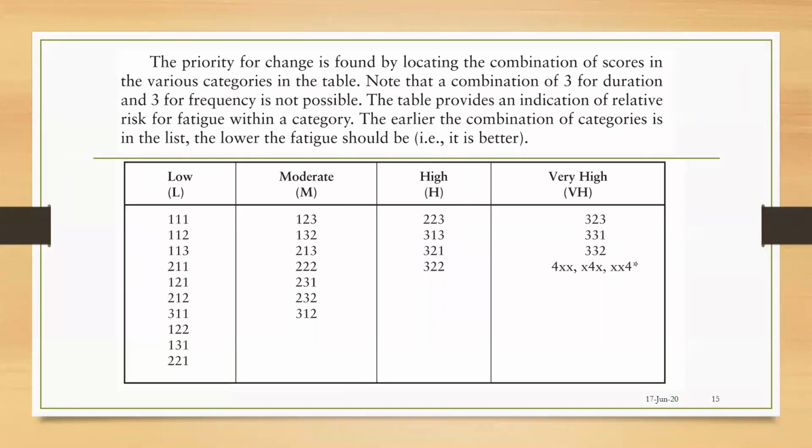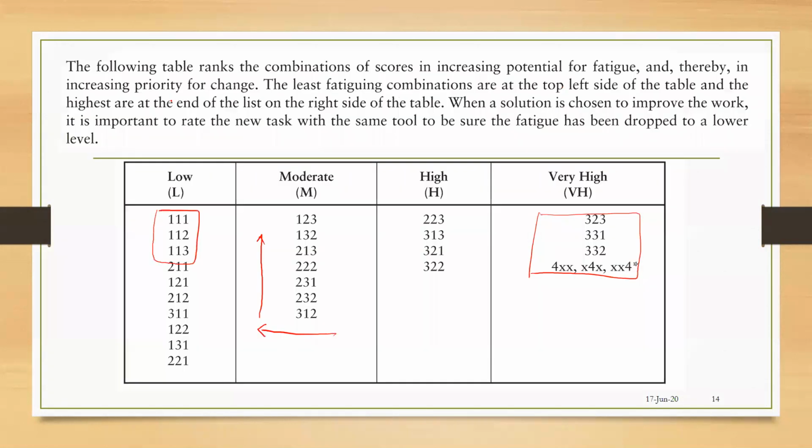So the top left are the best scores, the bottom right or these ones are the worst scores. So note that a combination of 3 for duration and 3 for frequency is not possible. So just notice this point because of these two.